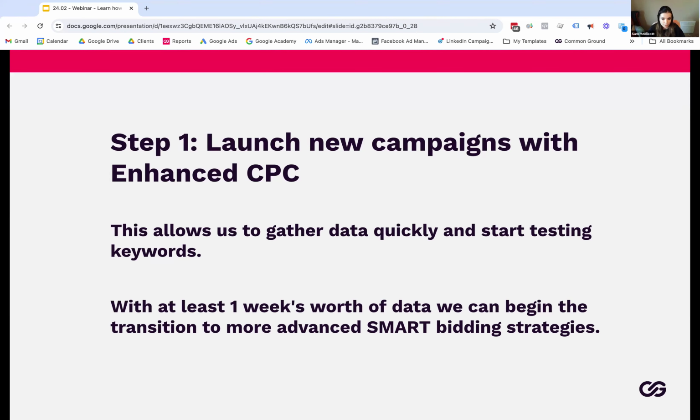With smart bidding, you don't want to start off fully cold, like with maximize conversions, because it can sometimes take even longer for it to pick up and get the results you want. By giving it a little bit of information and data, the more advanced smart bidding strategies can really pick up and gain momentum.